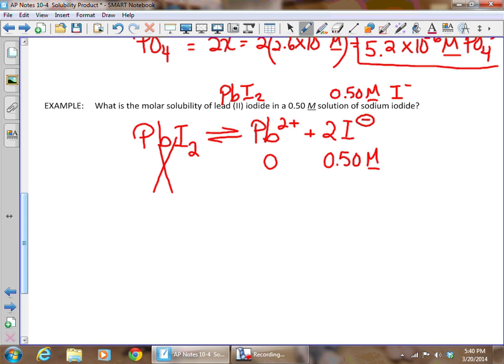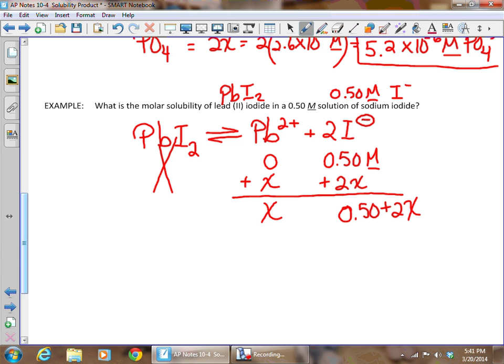That's very important in this reaction. As we proceed in the reaction, we gain x for the lead ion and 2x for the iodide ion. So we would end up with a relationship of x for Pb2 plus and 0.50 plus 2x for our iodide ion.